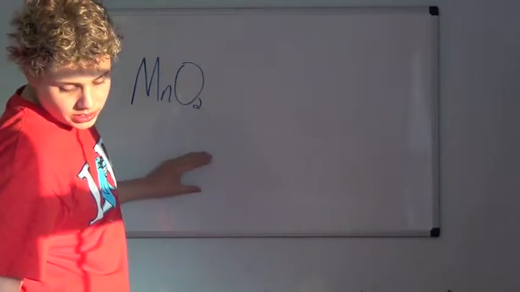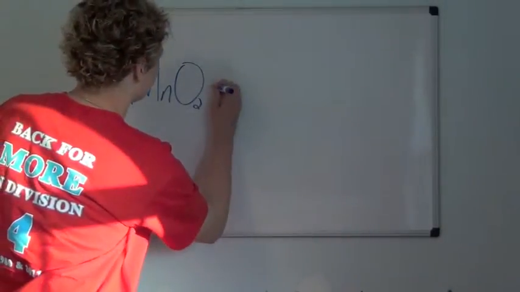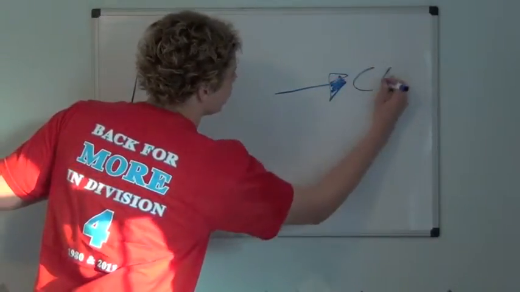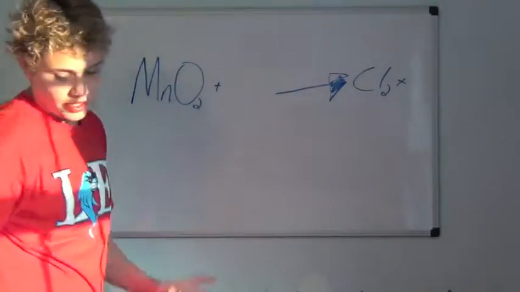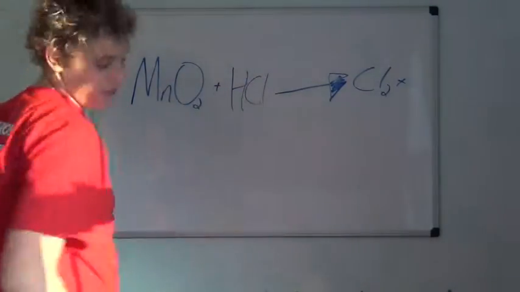So we know that manganese dioxide will form with something, forms Cl2 plus something. And it says that it reacts with hydrochloric acid, so HCl.